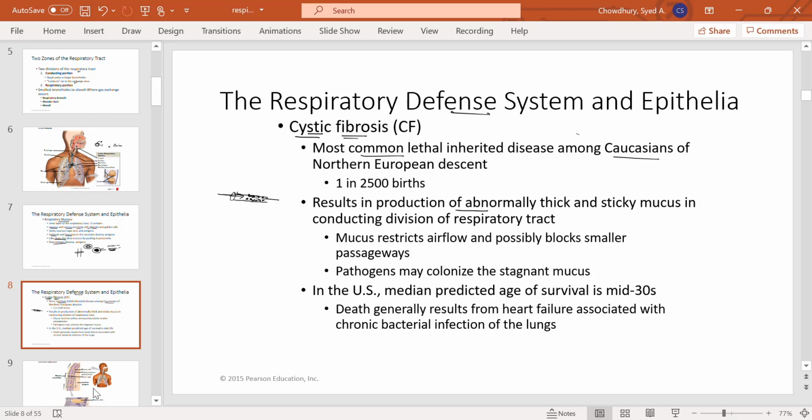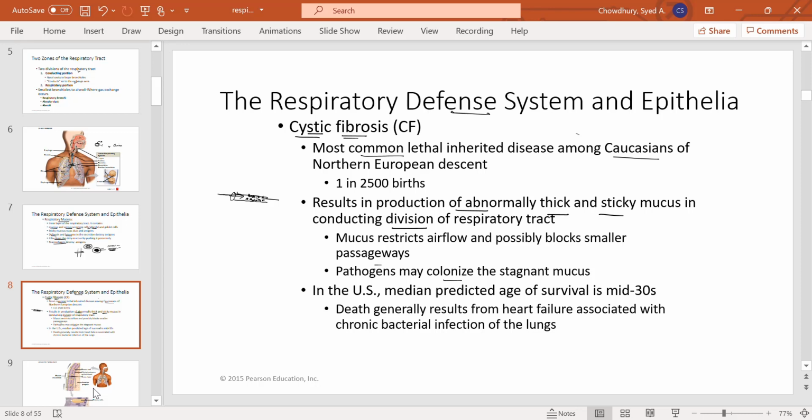So there is production of abnormally thick sticky mucus in the conductive zone or division of the respiratory tract, and the mucus restricts air flow and possibly blocks smaller passageways.